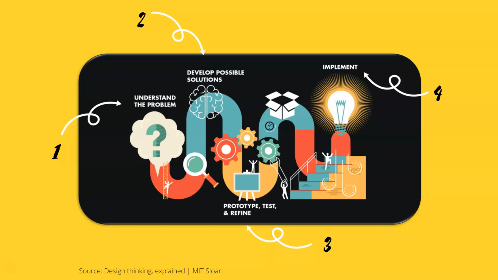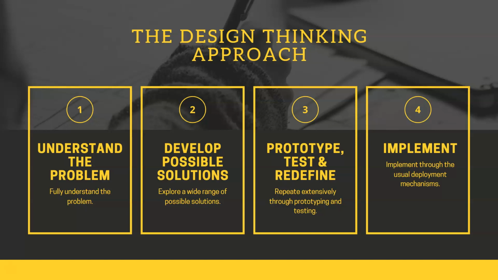We're going to discuss these steps one by one so that we can have a better understanding of how we can execute all this process. This is the design thinking approach that we have seen in the previous slide. So we're going to understand each of these steps so that we can implement them in our process to design the missions.